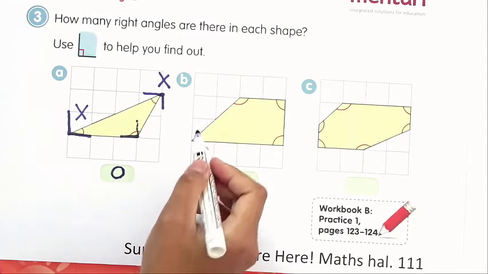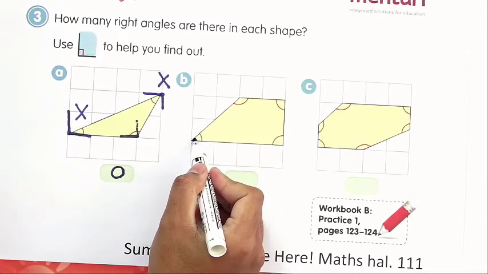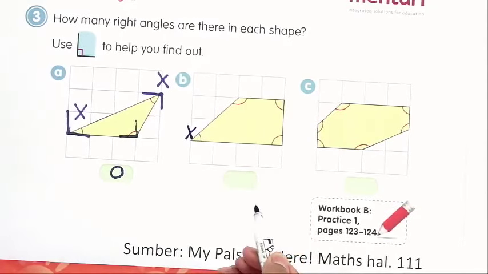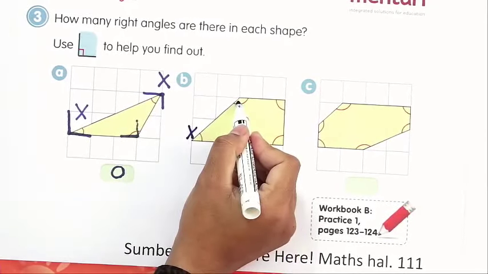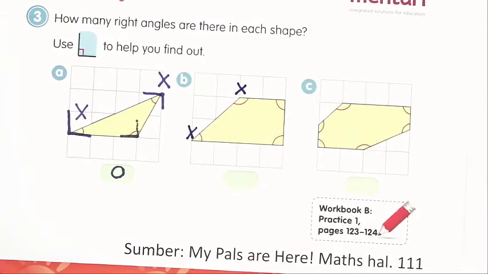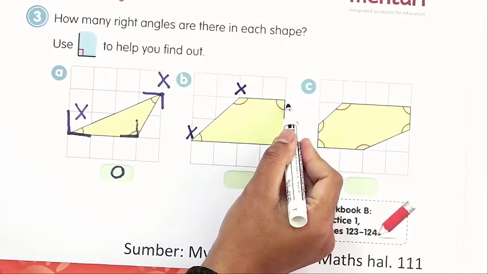So now let's check one by one so that it makes it easier. This is not a right angle. This is not a right angle. Do you think this is a right angle? No, this is bigger than a right angle. Now, what about this? This is a right angle.